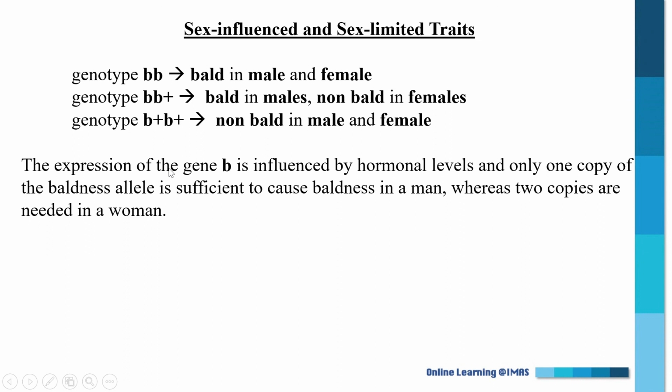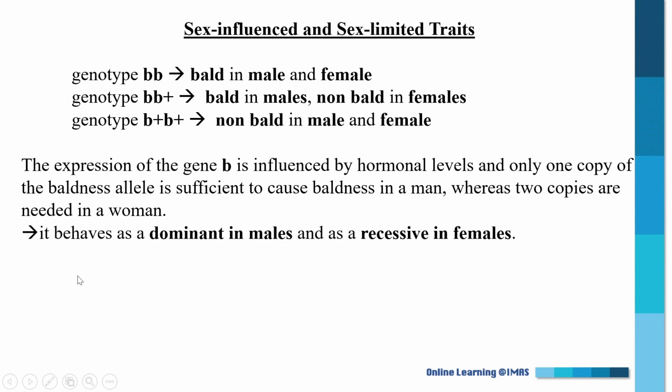Here the expression of the gene B is influenced by the hormonal level, and only one copy of the baldness allele is sufficient to cause baldness in men, but you need two copies to cause baldness in women. So it behaves as a dominant in male because of the male hormones, and it behaves like a recessive in female.